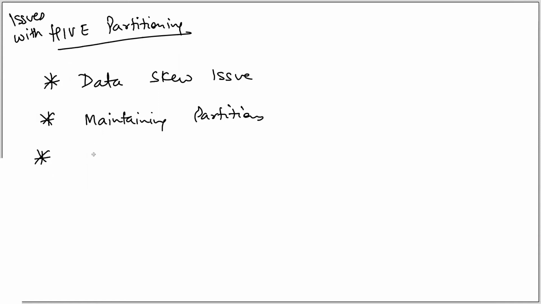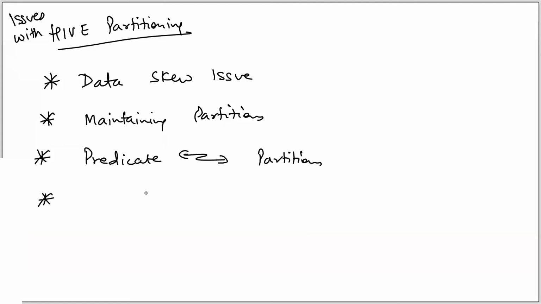For maybe one predicate, it is working fine. But if you have multiple other attributes coming as part of the predicate or where clause, then it will be a problem. So the predicate needs to be consistent with the partitions that you have maintained.